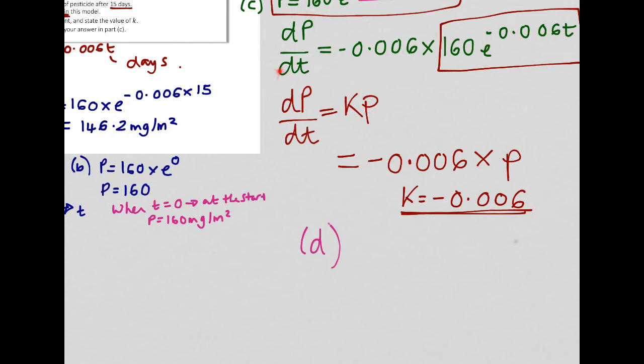So my gradient is negative. So the key thing here, gradient is negative. What does that tell me? And the reason I'm talking about gradient, remember, is because this is a differential, and the differential of my function would be its gradient.